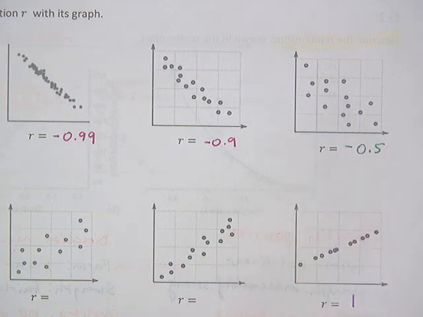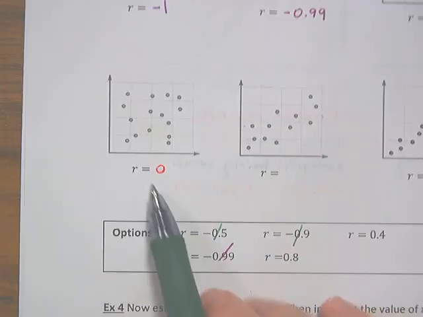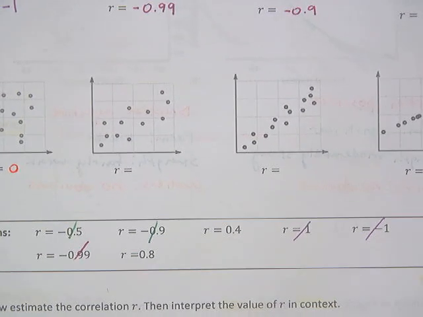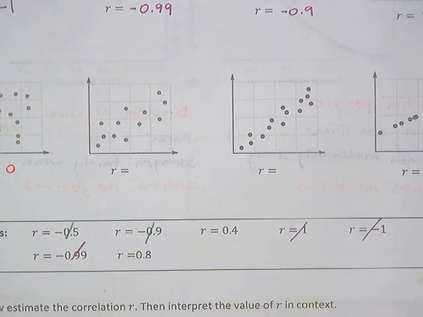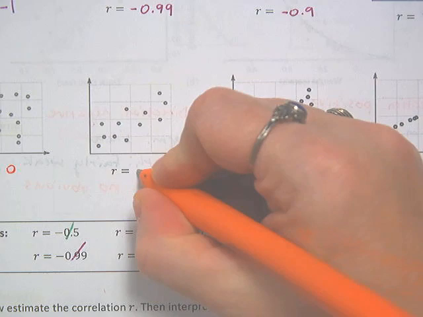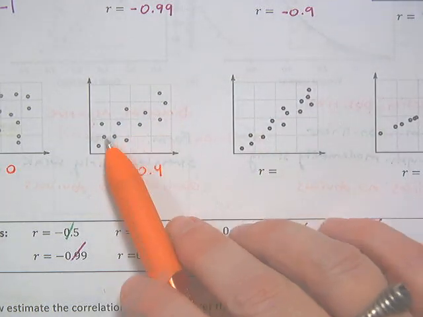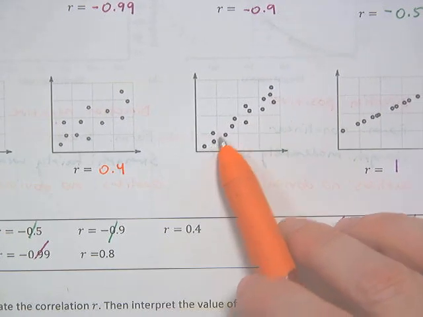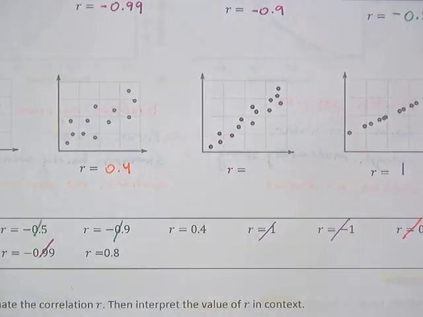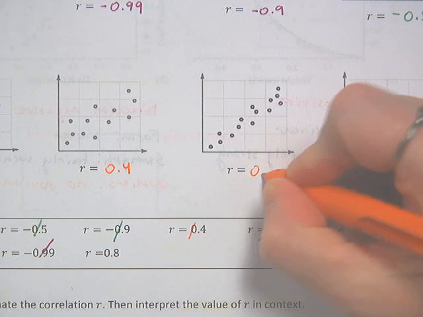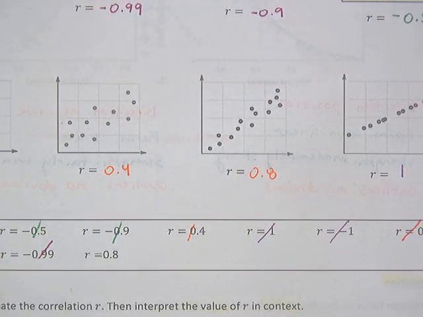So kind of moderate there. Okay, and then we've got our 0, and then we just start with our positive trends. What would go here out of the 2 we have left? 0.4 would be moderate to weak. And then what about the stronger positive one? 0.8. Good. It's really easy when you have a box to choose from.